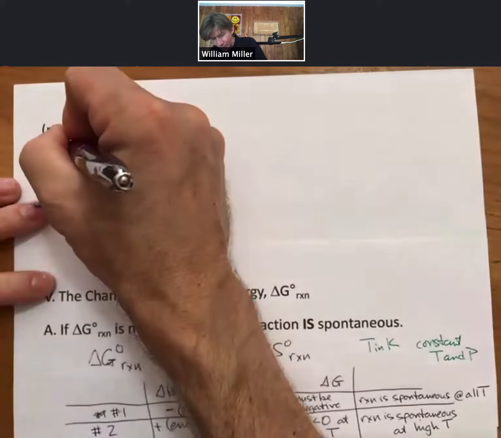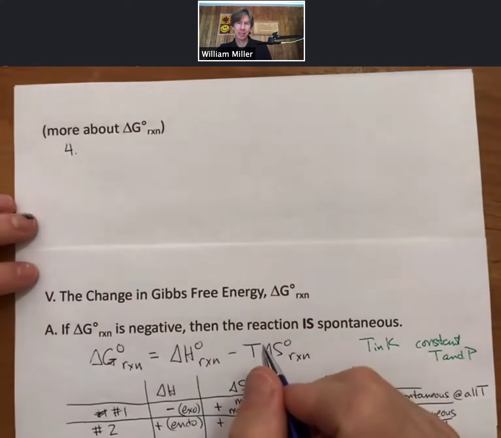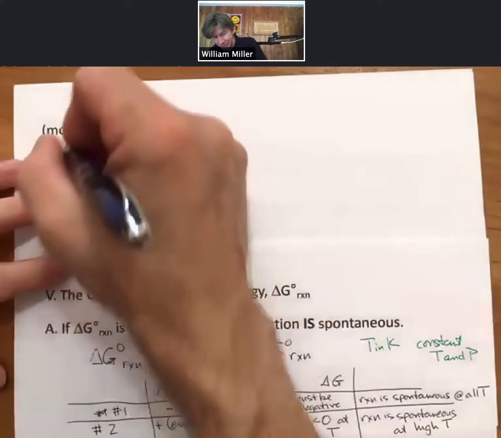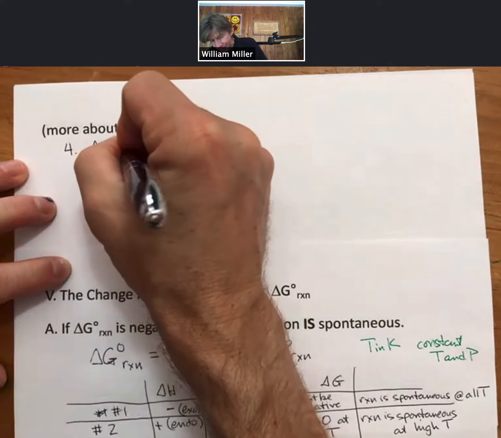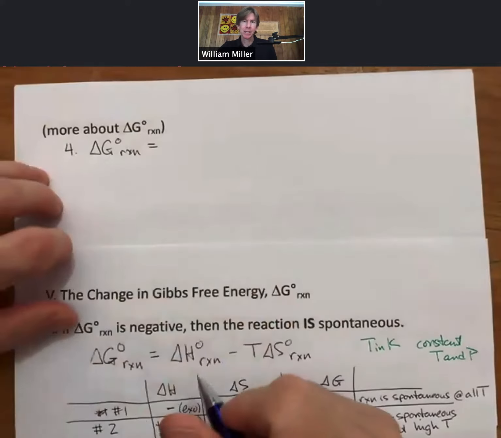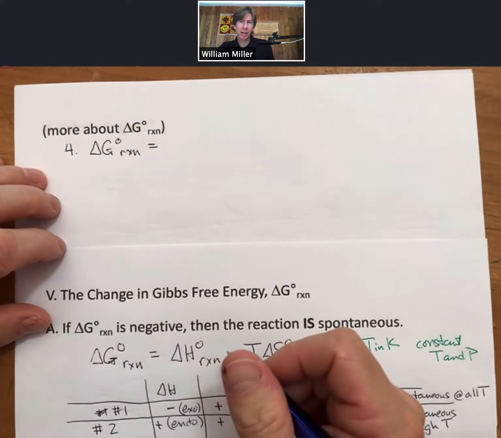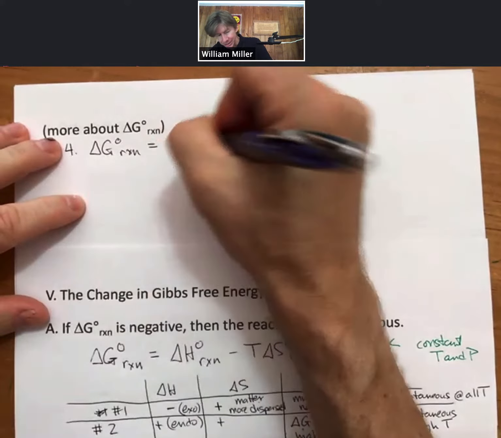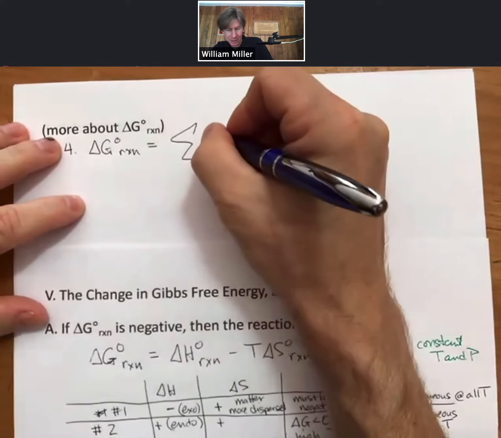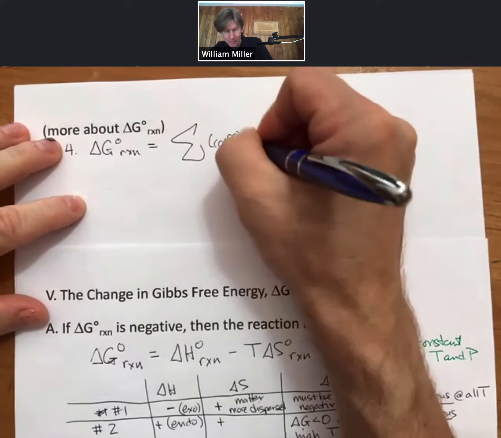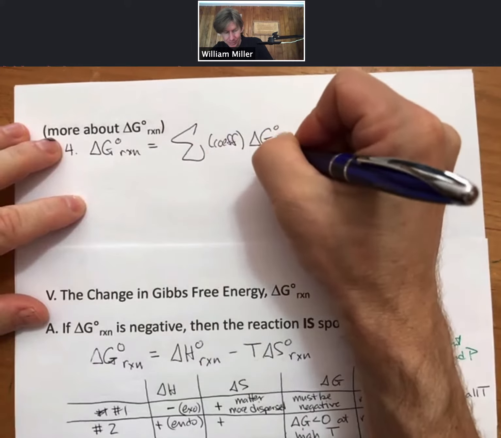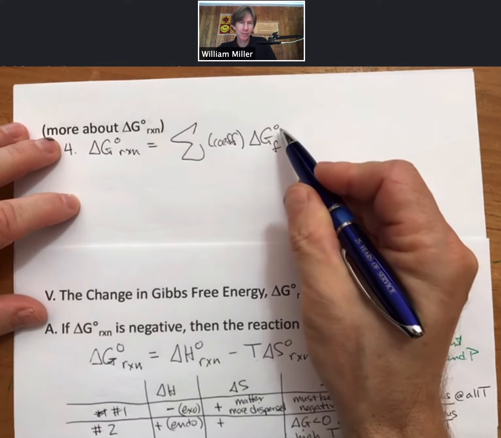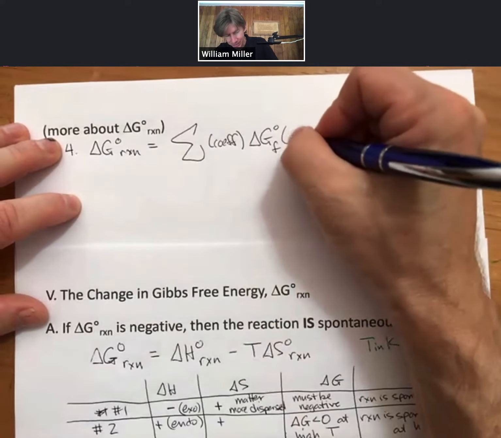So this is going to be 4. This is on the second page that you've got. You can calculate delta G in the same way that you calculate delta H, meaning you sum the products with their coefficients, and you look up the change in free energy of formation under standard conditions of the products.